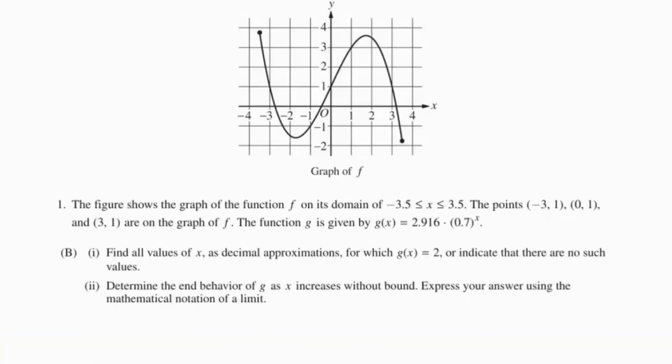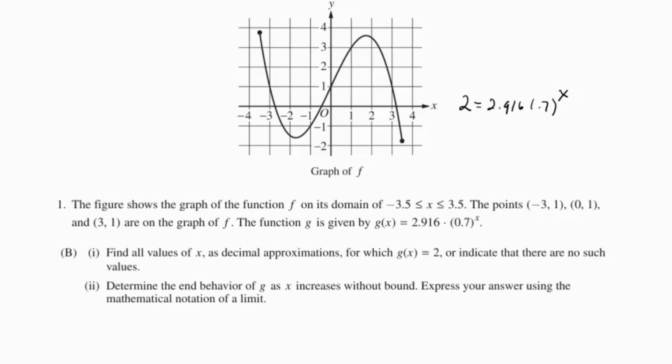Okay, for part B, find all values of x as decimal approximations for which g of x equals 2, or indicate that there are no such values. All right, so what we're going to do is sub in 2 for g of x, and we are going to use our calculator to find the x value. There's a couple ways to do this.